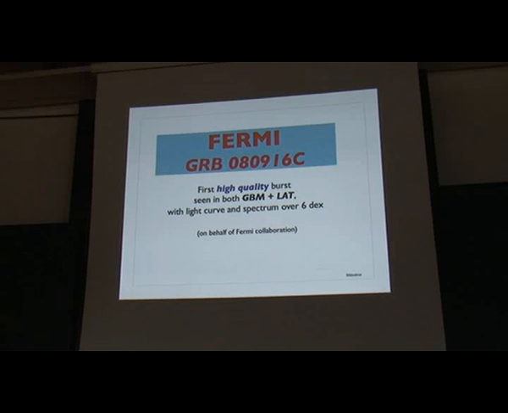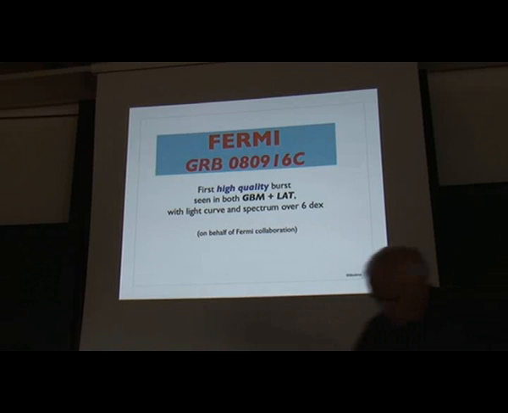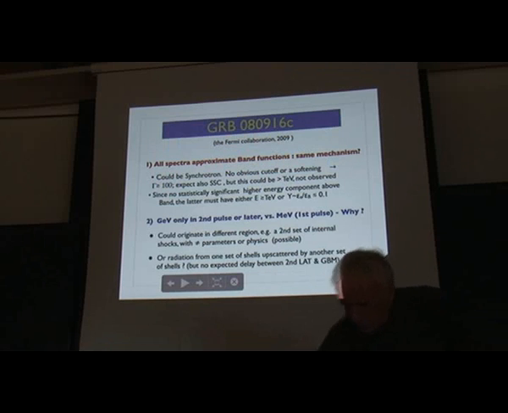There was this particular LAT burst observed by both GBM and LAT, the one with the largest number of photons so far. It had of the order of 17 photons or so above 1 GeV, and more than 200-something photons above 100 MeV over 6 decades.